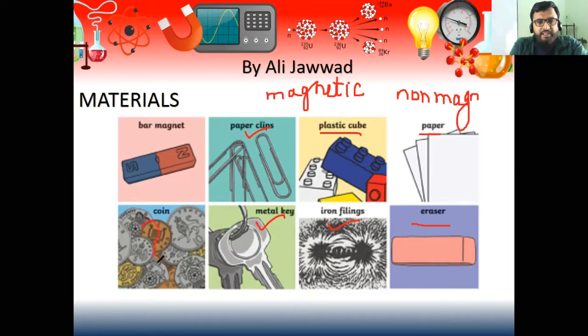A coin is an ambiguous case because it may get attracted towards the magnet if it is made of some magnetic material, but if it is made of copper or aluminium, then it will behave as non-magnetic. A bar magnet itself is a magnetized material because it has already become a magnet. So in the context of magnetism, materials can be classified as magnetic, non-magnetic or magnetized materials.